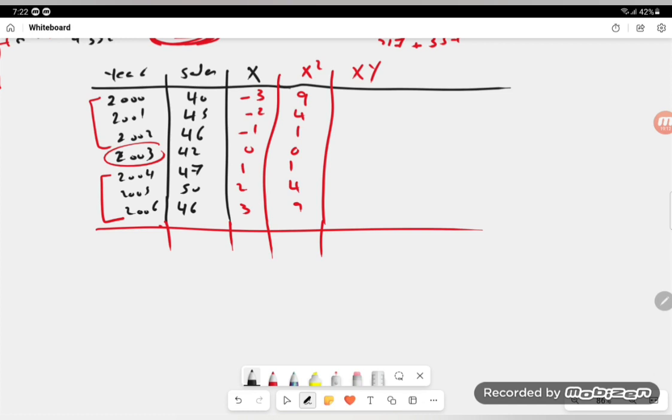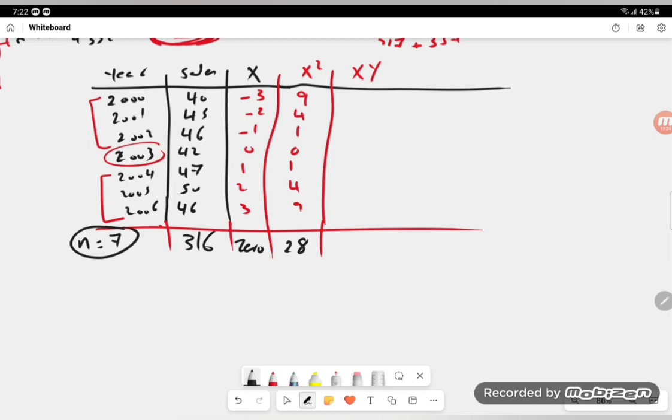So the summation of sales is 316. This is summation of y. The number of observations is 7. Summation of x must be 0. X squared is 28.